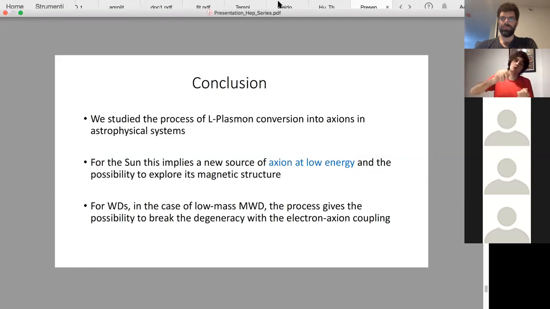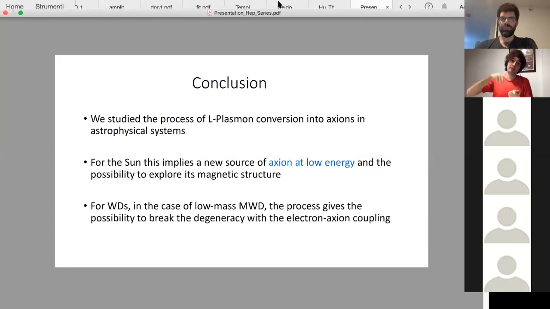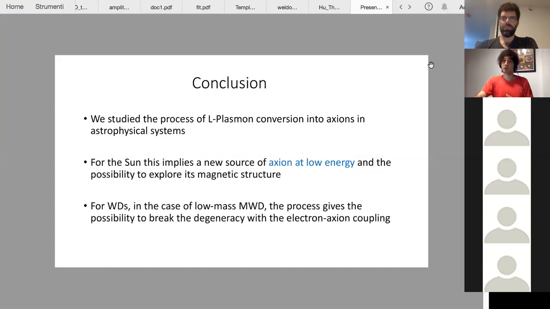In principle, you can have upward and downward fluctuations of the plasma density. If that happens, then you should also worry about the back conversion of the axion. This could also be important, for example, in a galaxy cluster, where you can have a lot of turbulence and all this kind of stuff.